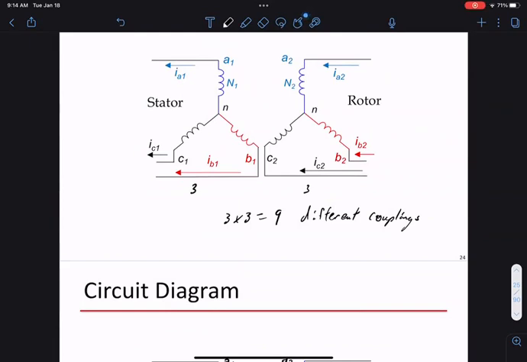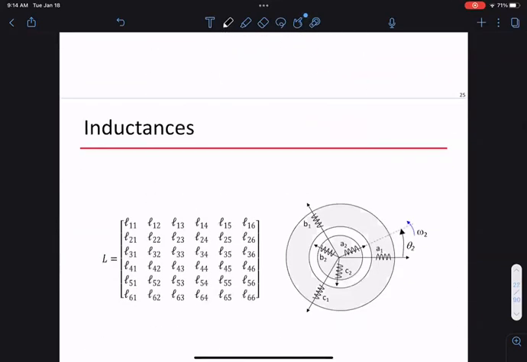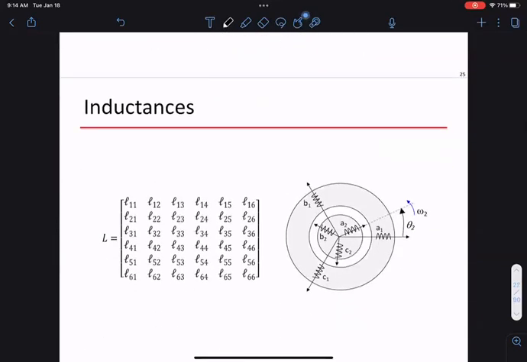There are actually 9 numbers you have to keep track of. Again, this is because things are moving, so things are not stationary. At the end of the day, you have this L called inductances. Inductances are no longer numbers; it's a matrix describing how things relate to each other.